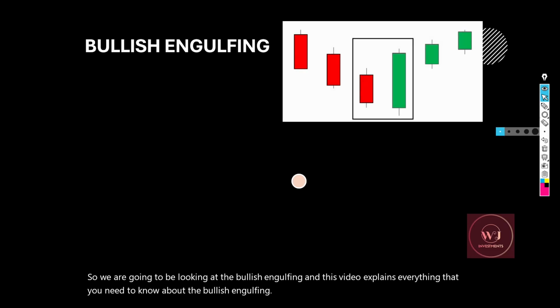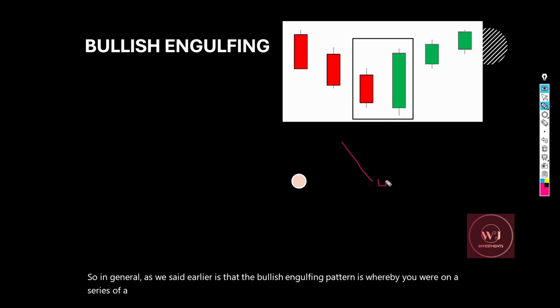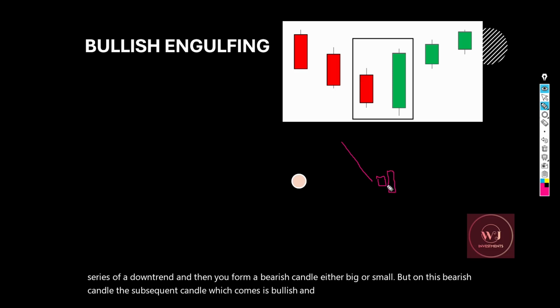So in general, as we said earlier, the bullish engulfing pattern is whereby you are on a series of a downtrend and then you form a bearish candle, either big or small. But after this bearish candle, the subsequent candle which comes is bullish and it covers the entire body of this bearish candle.